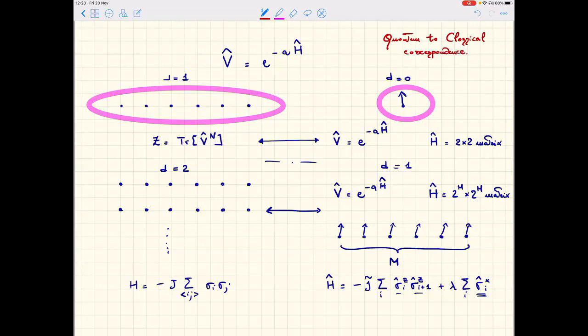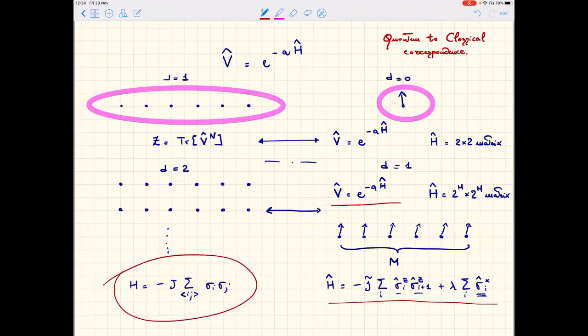In other words, it tells you if you're able to solve a quantum mechanical problem and compute the eigenvalues of a quantum mechanical problem, then you're able to compute the transfer matrix, then you're able to compute the partition function of the classical problem, and vice versa. It's an interesting idea. We are not going to use it much, it's a bit too advanced, but I thought that you would find it interesting that there is this correspondence between quantum mechanics and statistical mechanics at the level of transfer matrices.